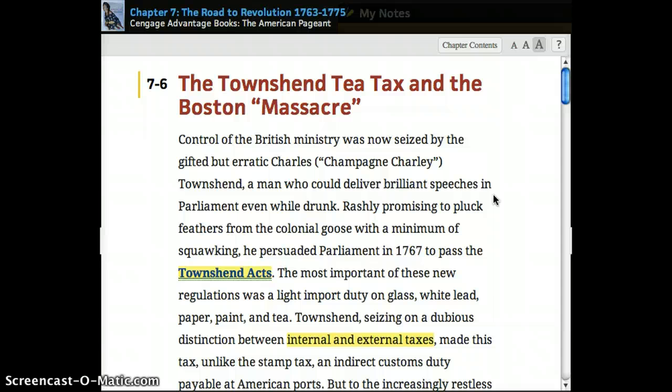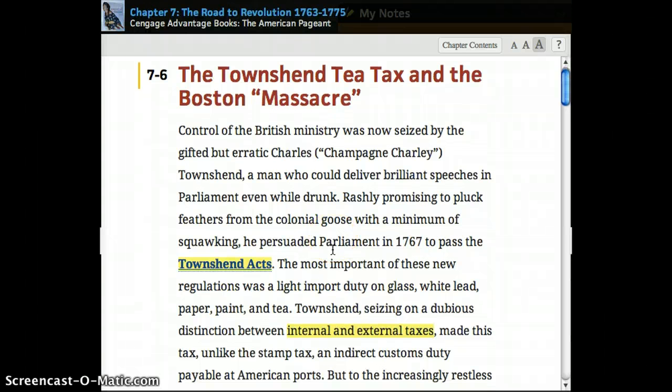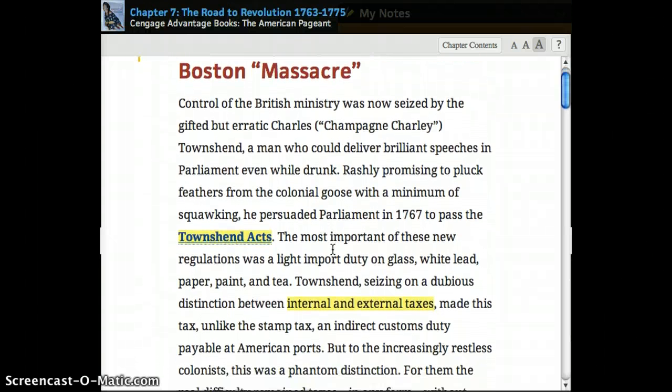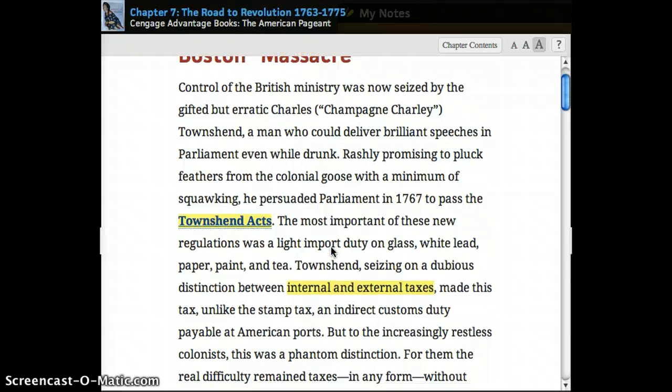I just want to build a visualization here that, while it seems like these events are coming one after the other very quickly, people are going about their normal lives. And they're fairly happy in their normal lives. We're not talking about unrest everywhere in the colonies, and things are going relatively well. So the British decide to implement some new duties.